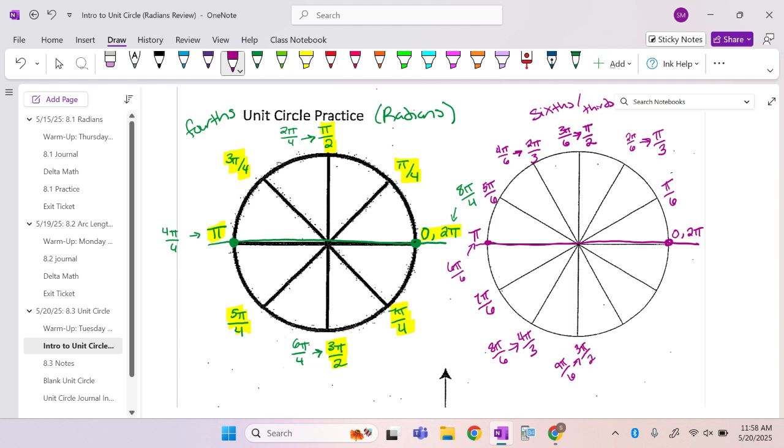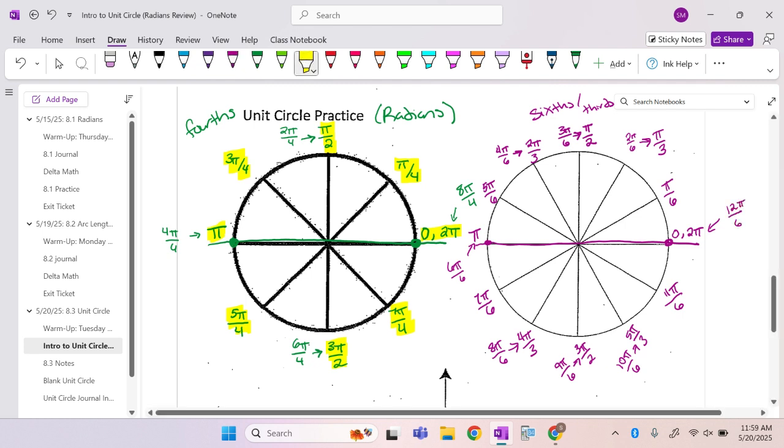Add another 6. What do I got? 10 pi over 6, which simplifies down to 5 pi over 3. Then one more 6. What is it? 11 pi over 6. And 2 pi, if you've got to have that completion, is 12 pi over 6.